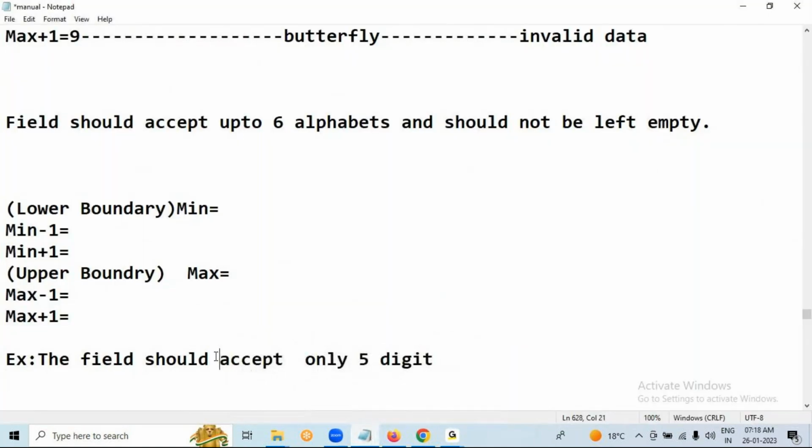As per this requirement, what is the minimum value and what is the maximum value? 5 is minimum, 8 is maximum.